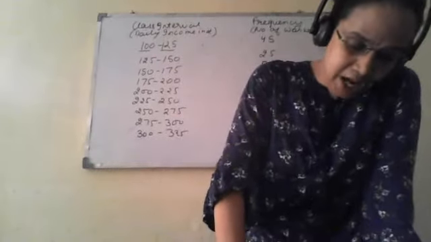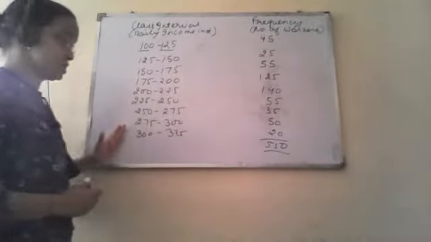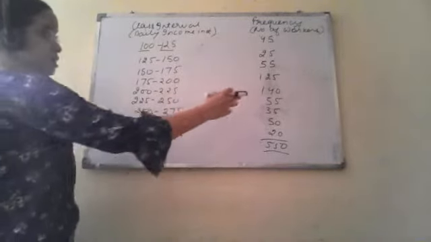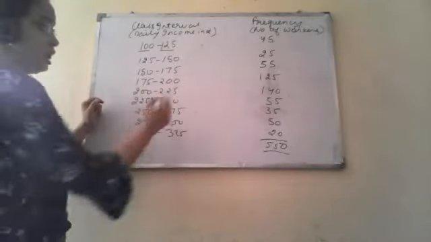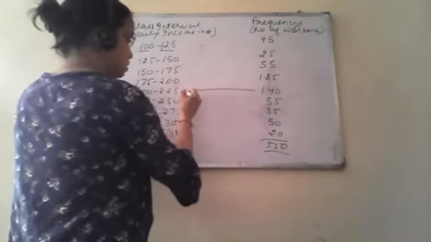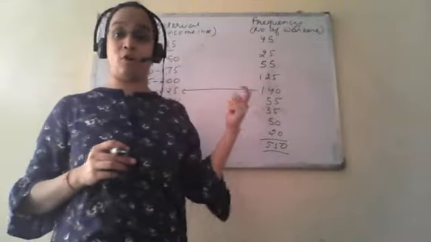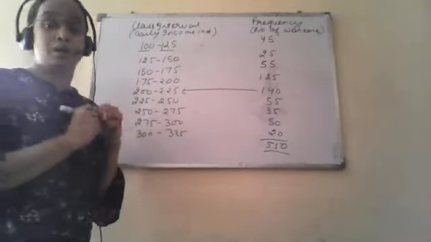Which class has the highest frequency? You see the different class intervals and their frequencies. The highest number is 140, and its corresponding class is 200 to 225, meaning 140 workers have a daily income between 200 and 225.